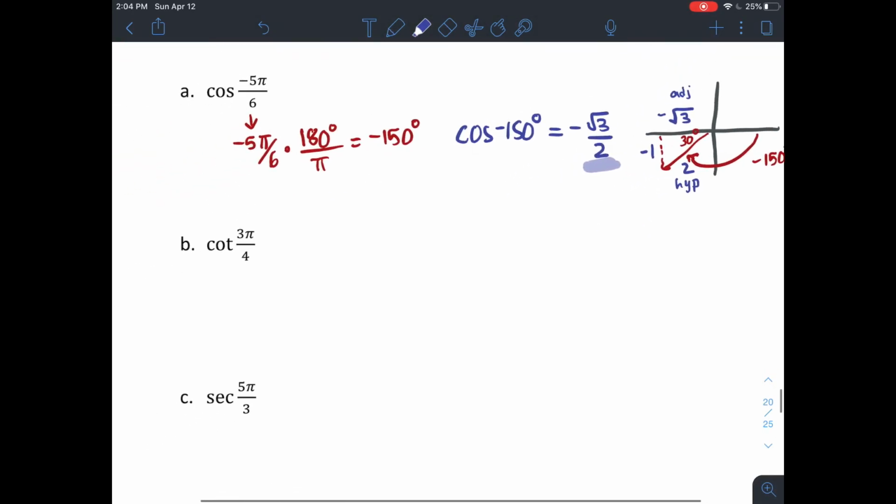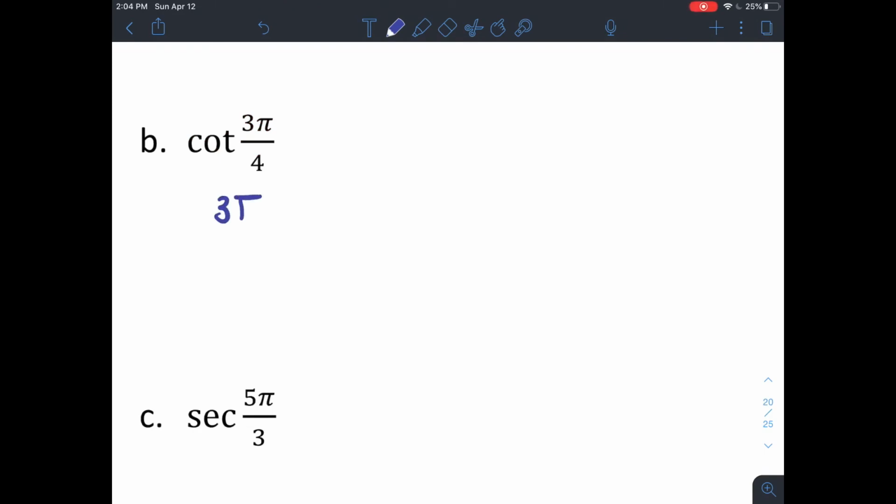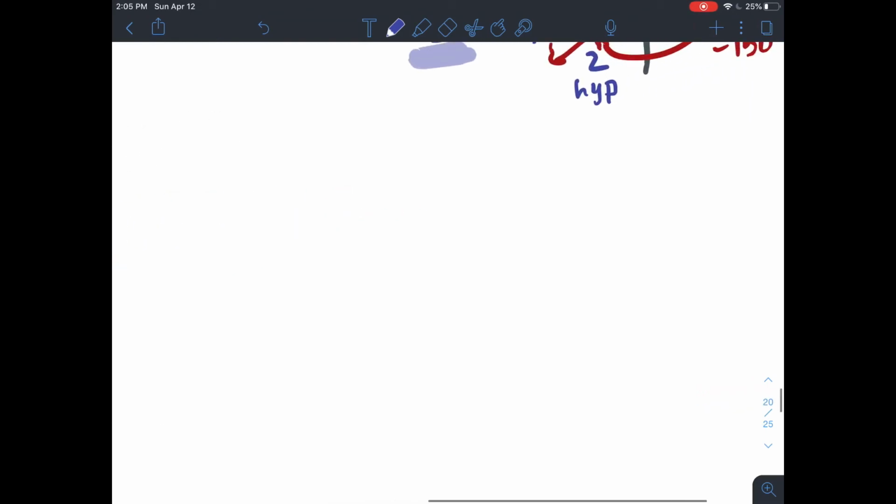It doesn't matter if your angle is in radians or degrees, they've got the same trig function values. If I change cotangent of 3 pi over 4 into cotangent of an angle in degrees instead, it'd be equal to cotangent of 135 degrees. Again, draw yourself a little picture, think about your reference angle.